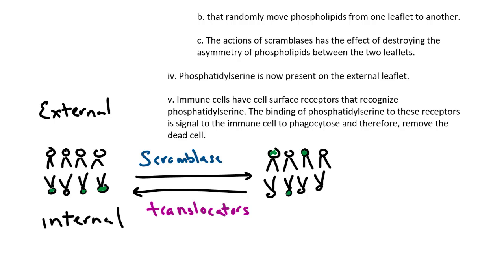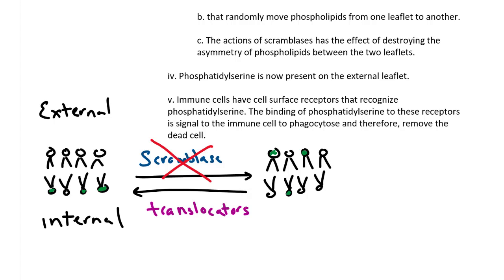So if apoptosis has not been initiated, then this part is not active, meaning scramblase is inactive. So this arrow going from organized to unorganized is not working. The only arrow that's working is the arrow for the translocator, and that is to organize things, move the phosphatidylserines to the internal leaflet, keep things organized.